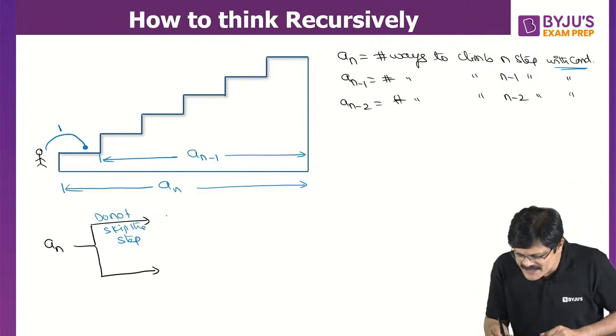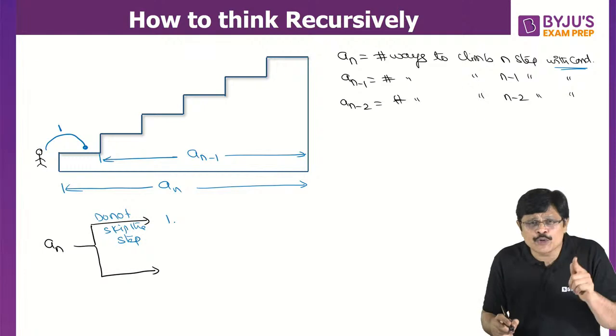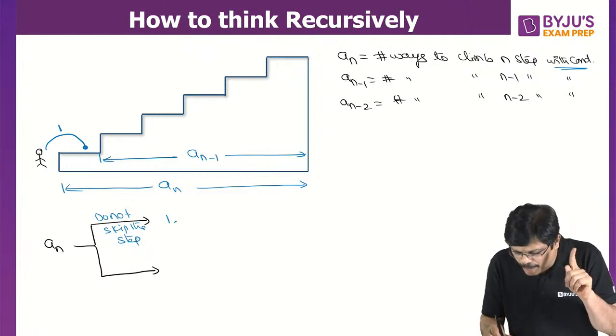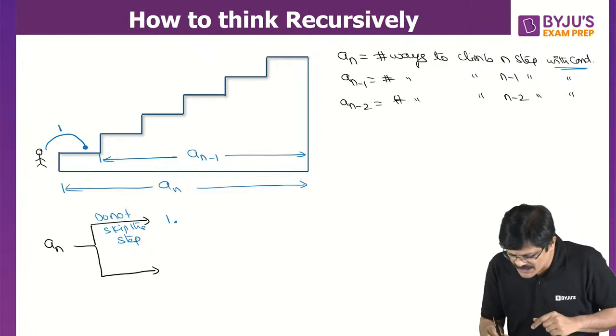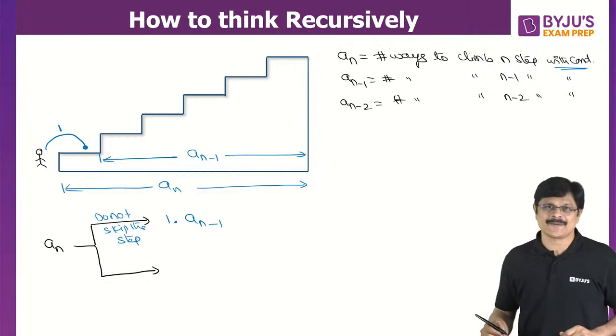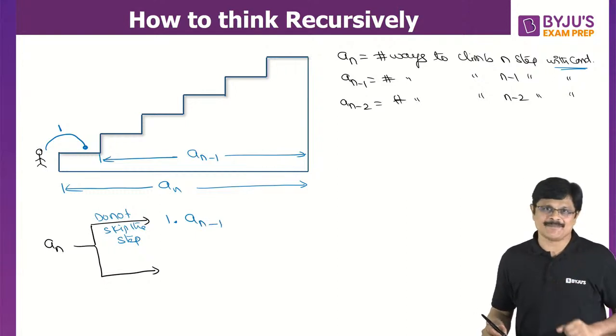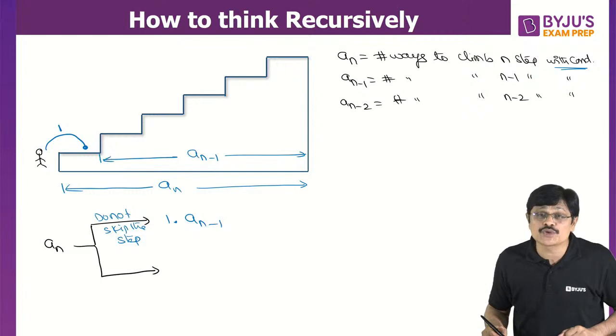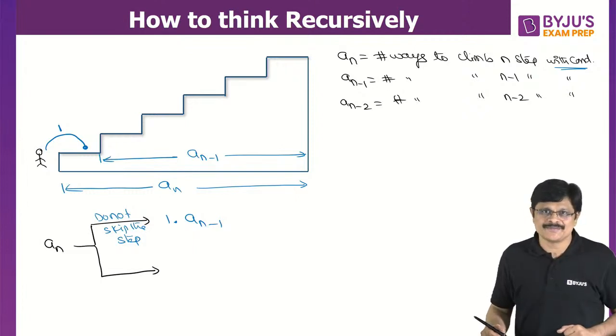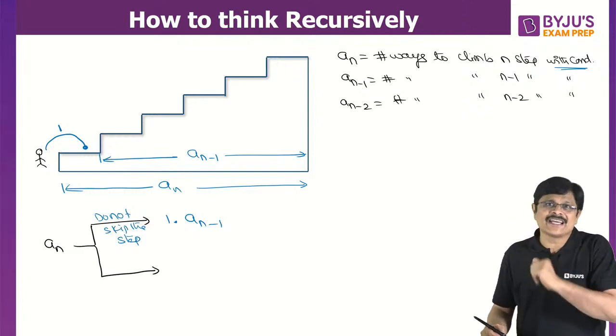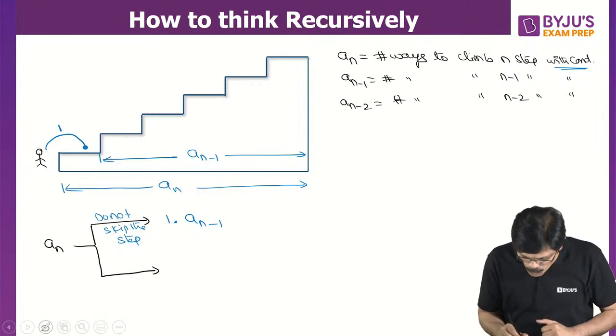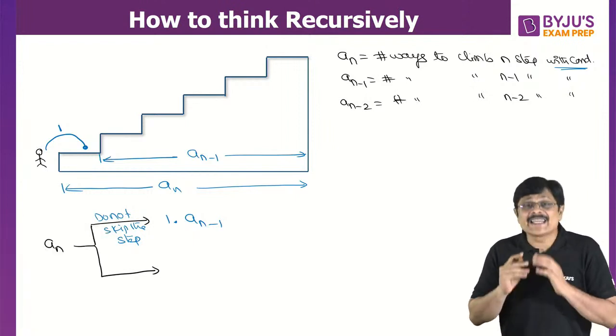So if it happens, this do not skip the step can happen in one way, followed by the remaining work. He need to take remaining n minus 1 steps.